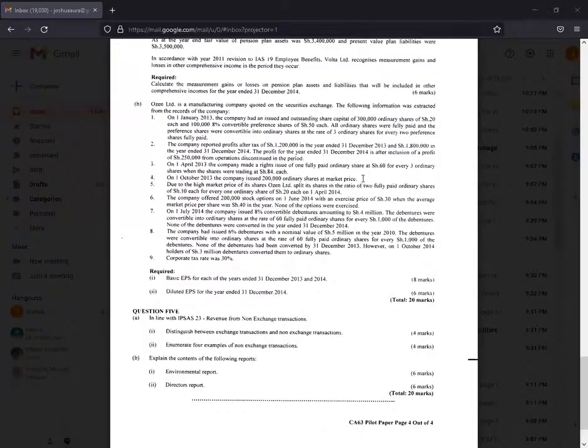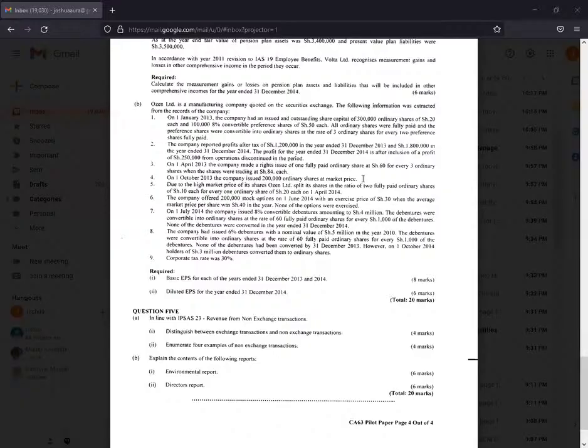So we have 1st October 2013. What happened here? We issued 200,000 ordinary shares. This is at full market price.